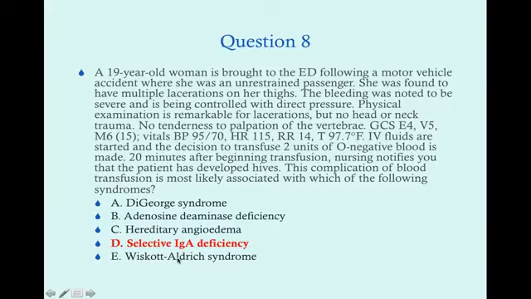Wiskott-Aldrich syndrome, also an immunodeficiency. So you can see none of these relate to IgA deficiency except for that they're immunodeficiencies. But with Wiskott-Aldrich syndrome, you're not going to have issues with blood transfusion. What you do see with Wiskott-Aldrich syndrome, and you should remember for the USMLE, is it's a triad. And that triad is thrombocytopenia, eczema, and immunodeficiency.